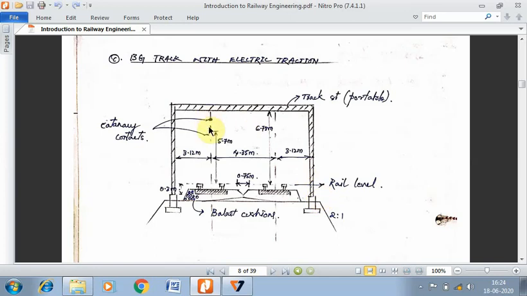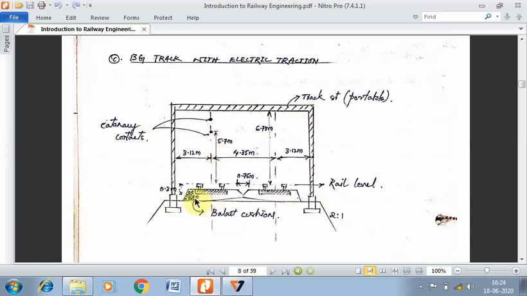So at the track stations or along the railway track, you can have these steel structures laid in such a way that they need not be permanent; they can be portable also, which can be shifted from place to place. And this is the structure which will be holding the catenary contact, and in contact with this, the trains will be moving ahead.